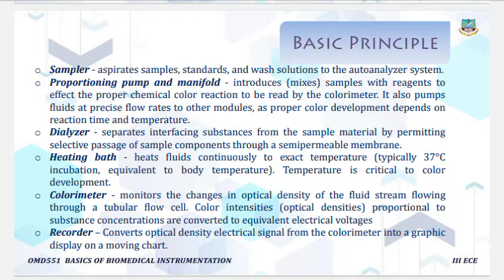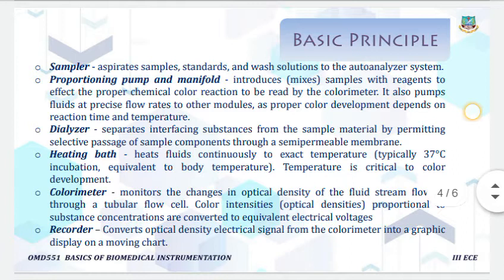Then the dialyzer separates the interfering substances from the sample material by permitting selective passage of the sample components through a semi-permeable membrane. Then the heating bath heats the fluids continuously to the exact temperature, and the temperature is critical to color development.